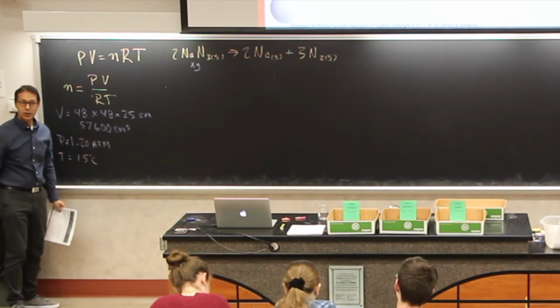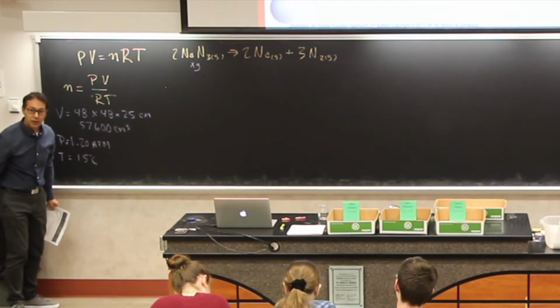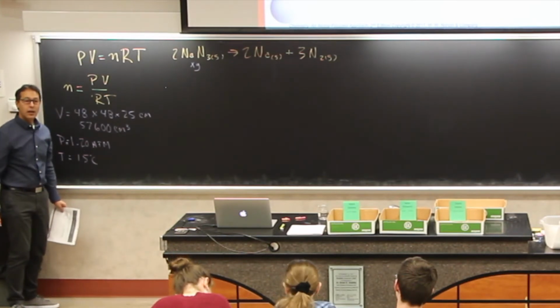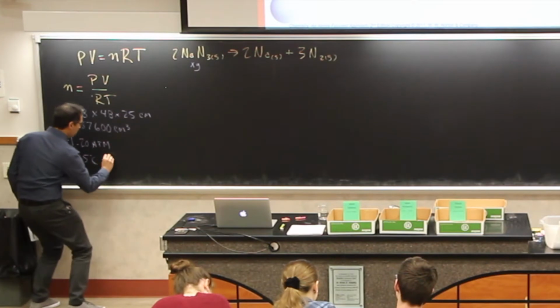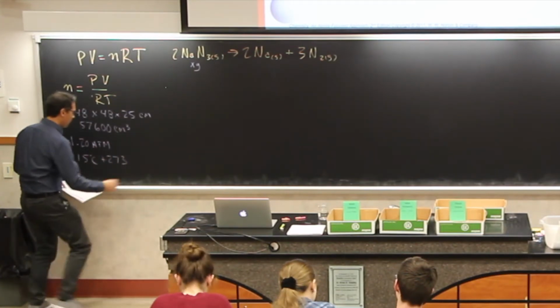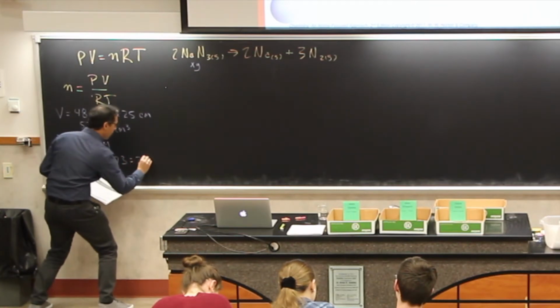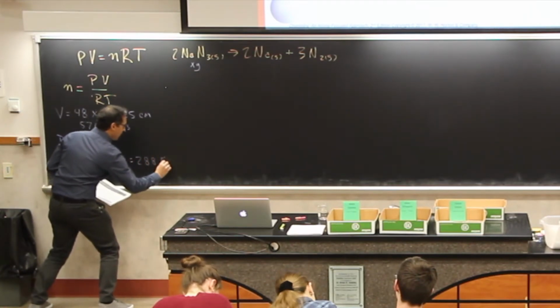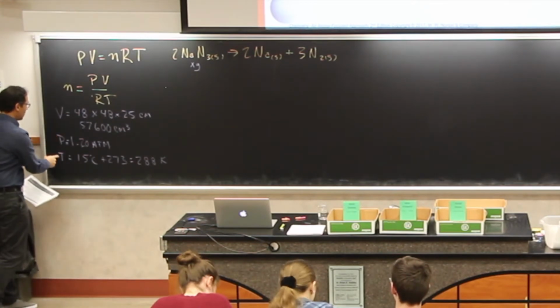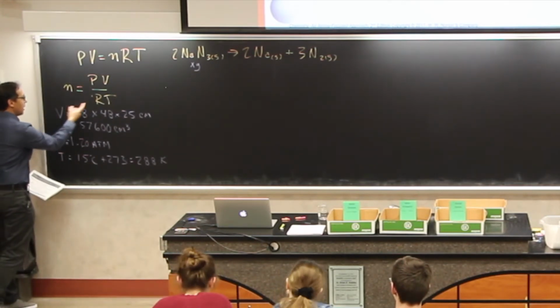We're going to convert that to Kelvin. To convert it to Kelvin, what do we do? Add 273. If I do the math on that, that comes out to 288 kelvins.